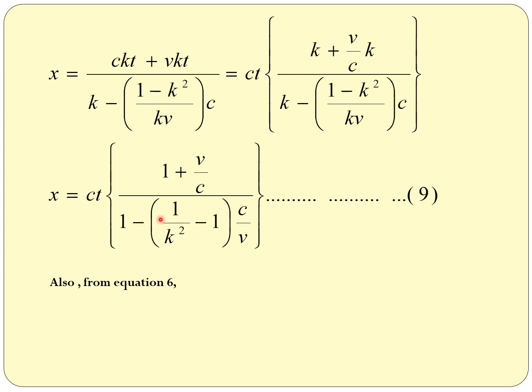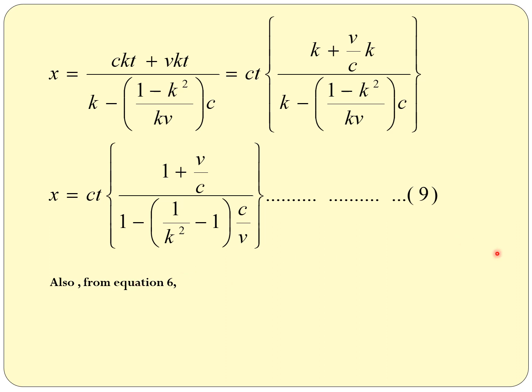So k will be cancelled out, and it will be 1 minus k square by k square b into c, and we can write it as (1 upon k square minus 1) c by b. So equation number 9 is the relation x equal to c into t into something.